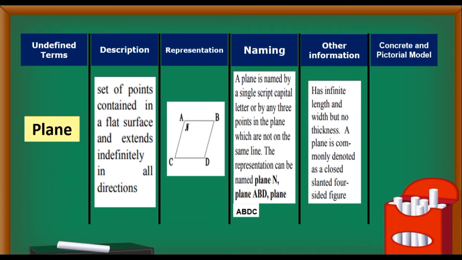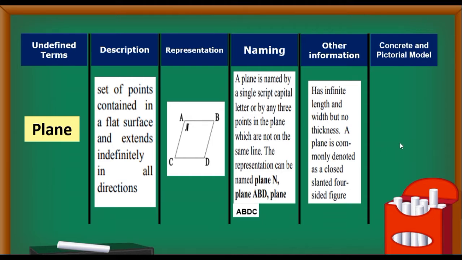Dito naman sa ating plane, meron siyang length at meron din po siyang width. Pero, wala siyang thickness o yung kapal. Okay? So, plane figure lang talaga siya. And, tandaan po natin, kadalasan ito ay nire-represent ng slanted, four-sided figure.